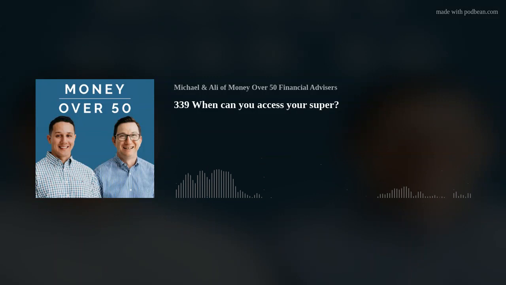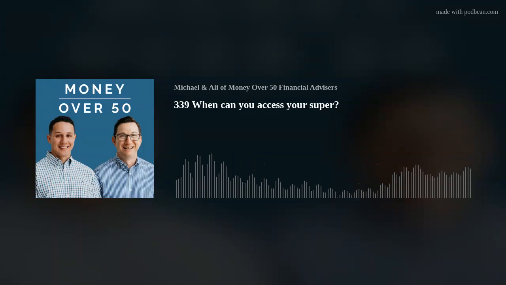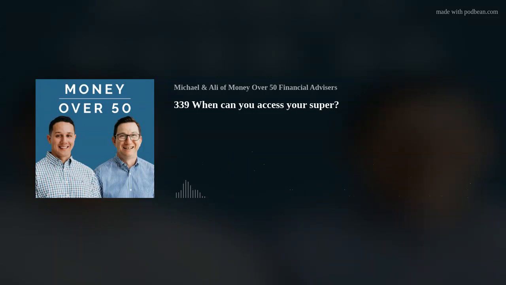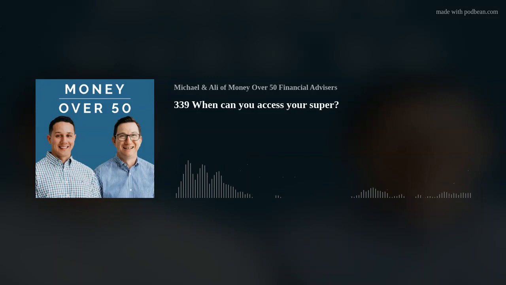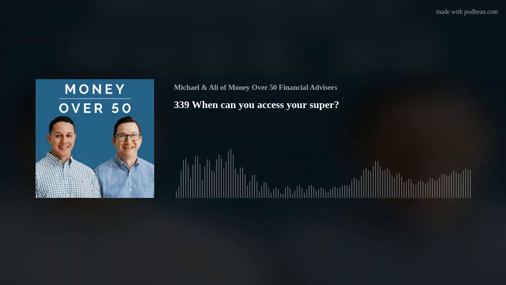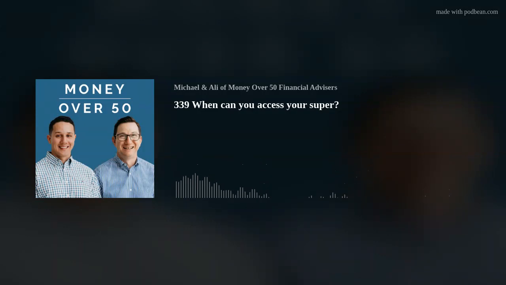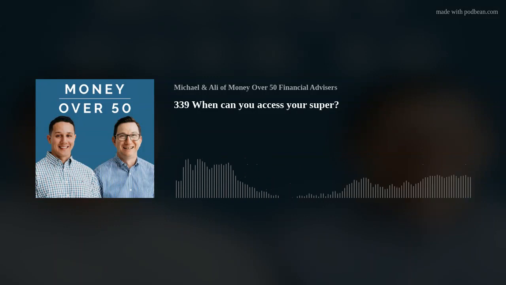However, it's still potentially a good idea to move it into that account-based pension, simply because you get the 0% tax on those investment earnings. So it's a 15% tax saving on those earnings, so that could be a huge difference down the track. And what some people tend to do, even if they're still earning an income and more than enough to supply their living needs, potentially you could set it up to just have maybe one-off payments to meet the minimum requirements.